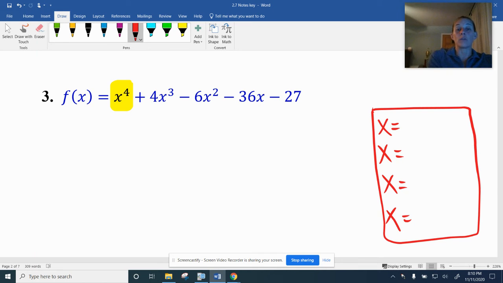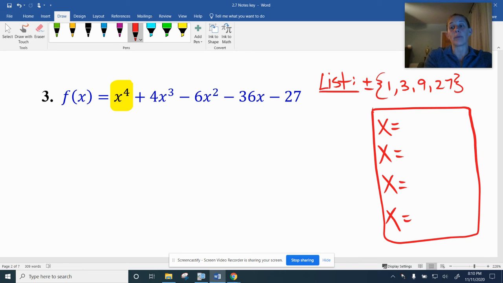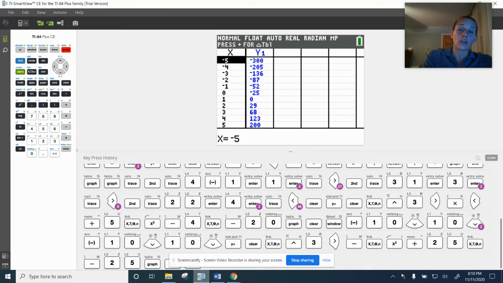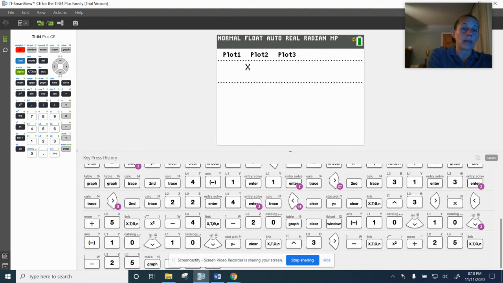Now, if I were going to use my calculator, then obviously I can do that. If I needed to find my list of possible rational zeros because I didn't have a graphing calculator, I'd be choosing from the numbers 1, 3, 9, and 27, both the positive or the negatives. So obviously we have technology here available to us, so we might as well use it.